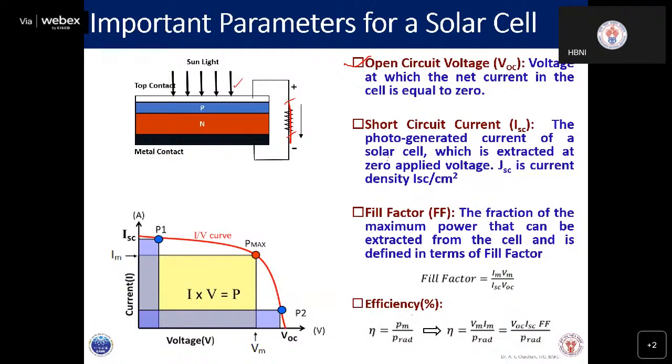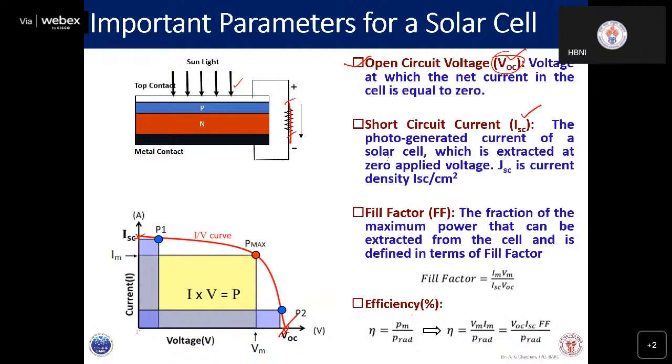Now we want the maximum voltage and we want the maximum current, but that is not possible. When we saw the open circuit voltage, it was at this point where we were drawing actually zero current, and short circuit current was at this point where we had zero voltage.